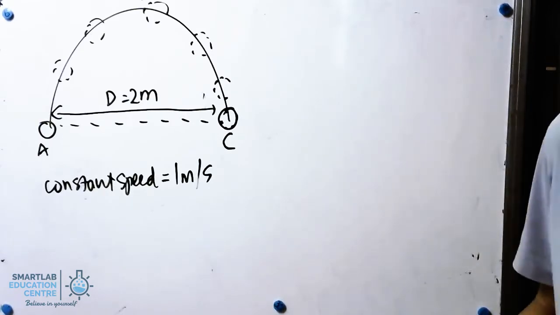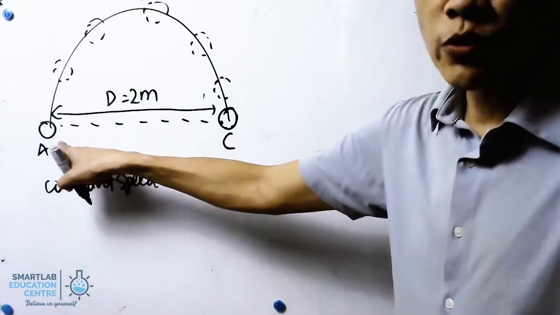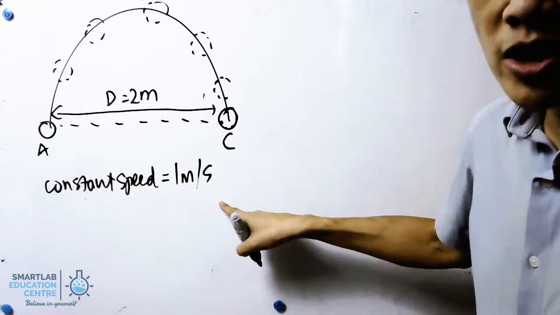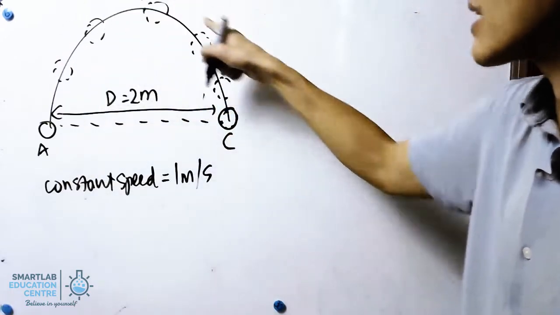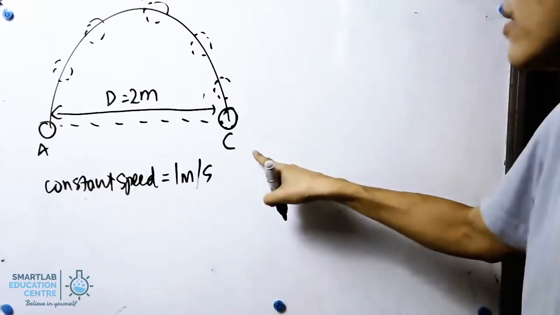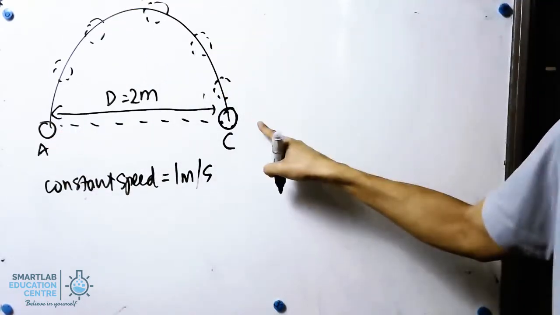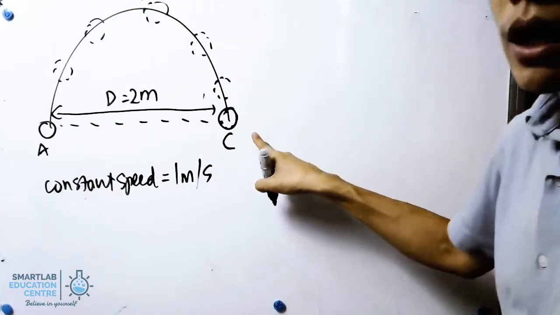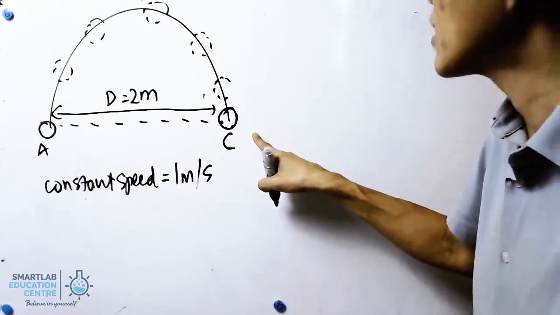Let's take a look at another example. Say we have a moving object that travels at constant speed along a semicircular path, and basically it travels from A to B, covering half the circumference of the circular path.